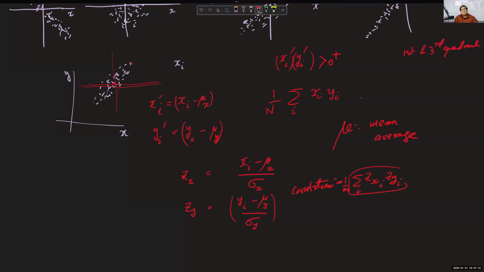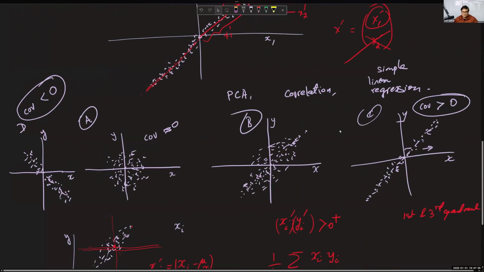That's what correlation is. Are we together? And correlation will take on values from -1 to 1. You can convince yourself. So that is the concept of correlation and covariance.